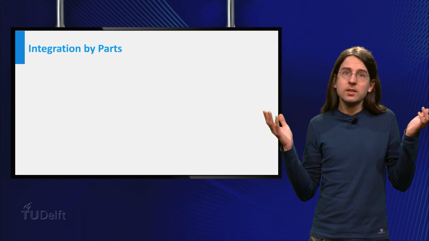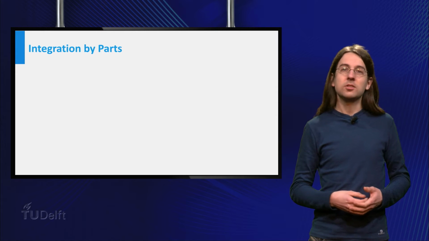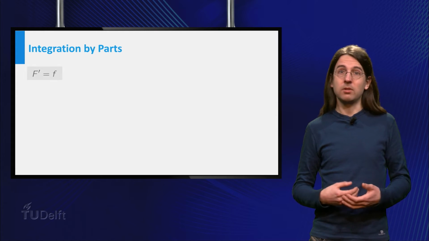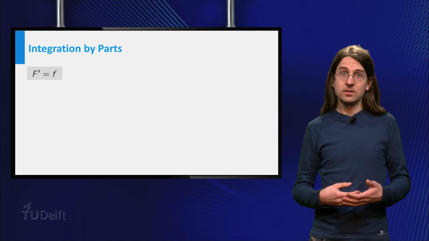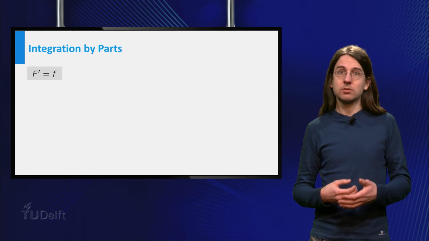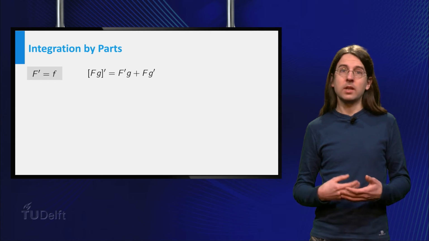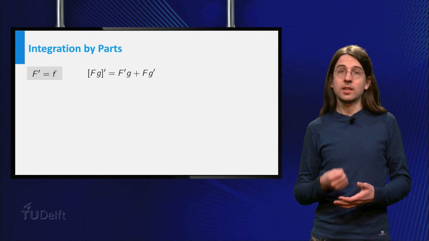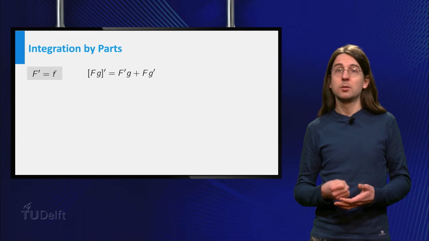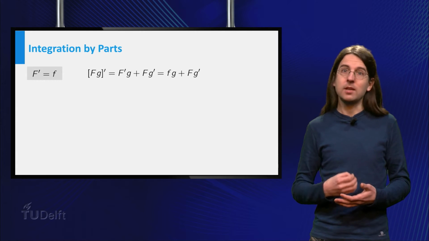Can you use a trick like this for arbitrary functions? Yes. To see how, it is convenient to write capital F for a primitive function of small f. That is, capital F prime equals little f. We now write down the product rule as the derivative of capital F times g equals capital F prime times g plus capital F times g prime, which is little f times g plus capital F times g prime.